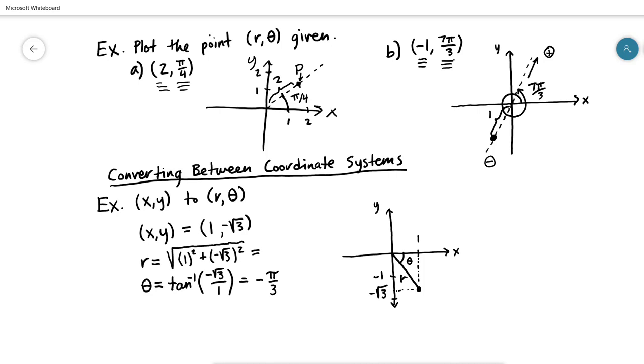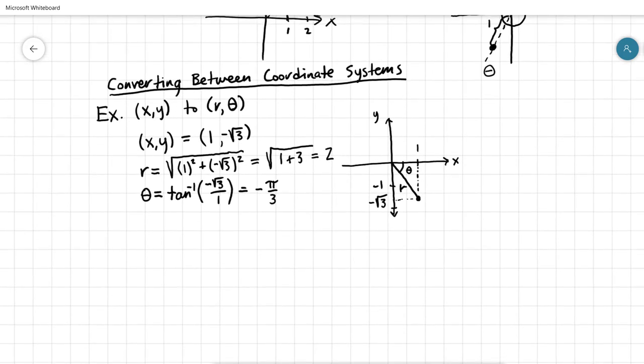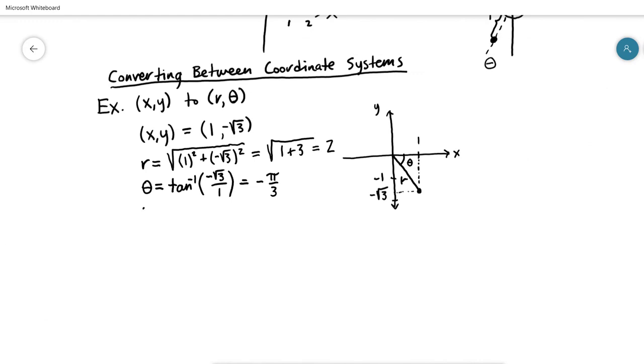The 1 squared is just going to be a 1. The negative square root of 3 squared is going to be a 3. That's the square root of 4, which is 2. And so what we find is that the coordinates r theta are just 2, that's my r value, and negative pi over 3.